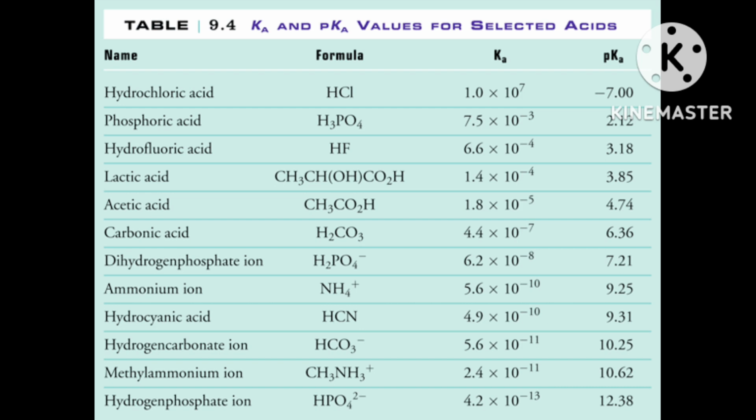Since you know the pOH value, the pH value will be 14 minus pOH, that is 14 minus 7.02, which is equal to 6.98. The hydrogen ion concentration, or you can say the pH value, is now 6.98.